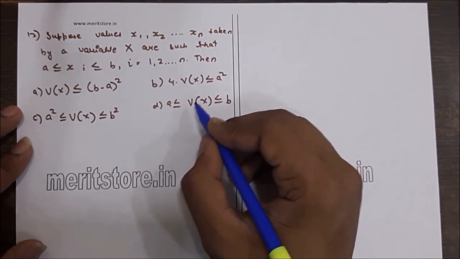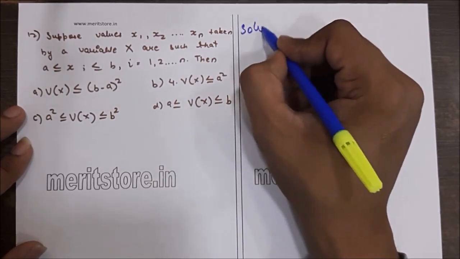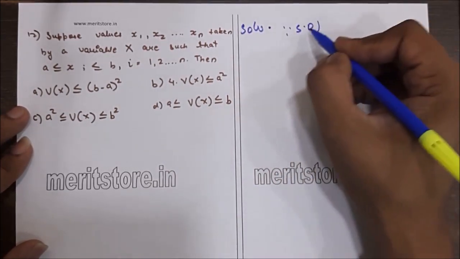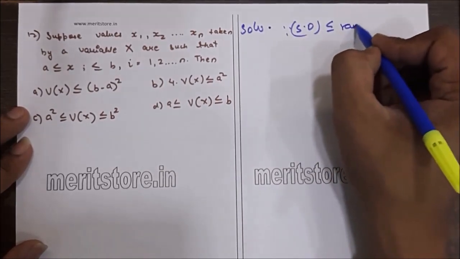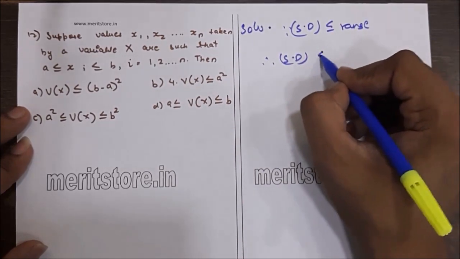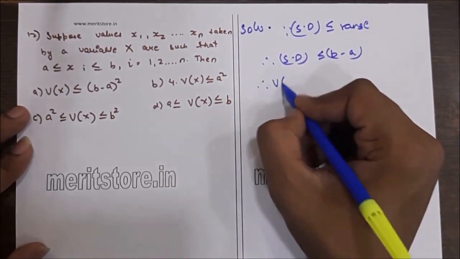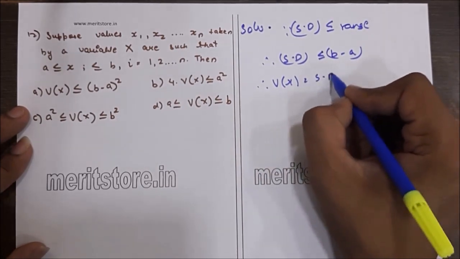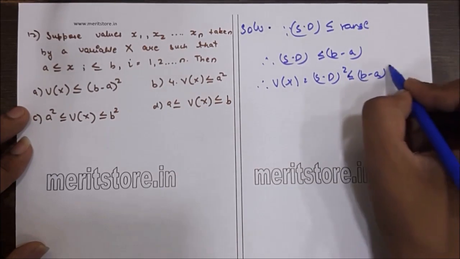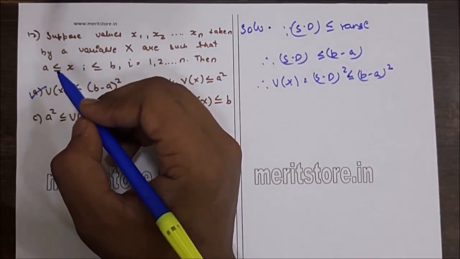Option D: a is smaller than or equal to V of x smaller than or equal to b. Therefore, the solution is, since SD is smaller than or equal to range, therefore SD is smaller than or equal to b minus a. Therefore, V of x is equal to SD square smaller than or equal to b minus a the whole square. Therefore, answer A is correct.